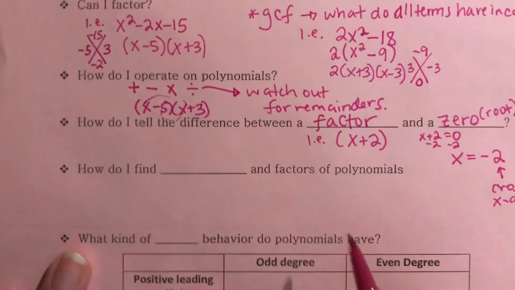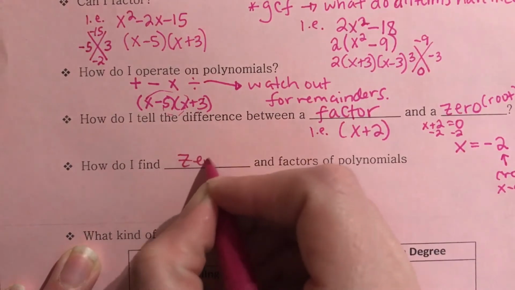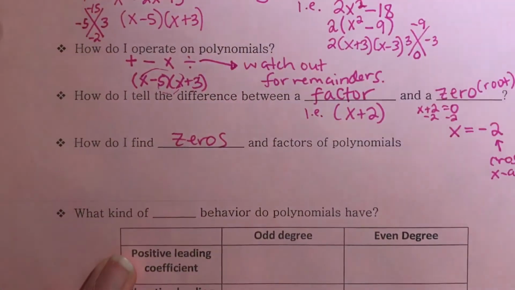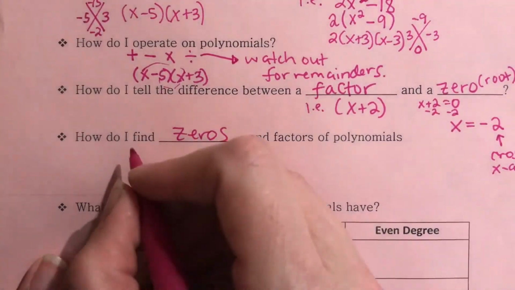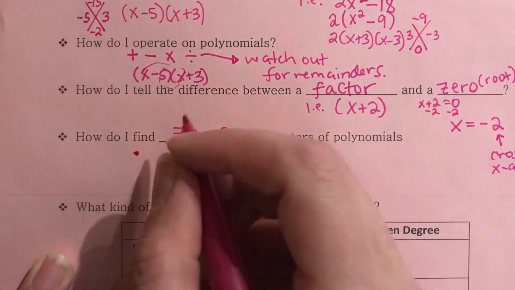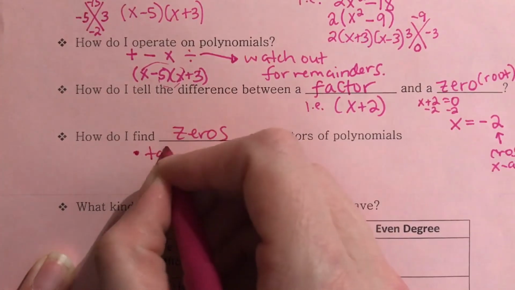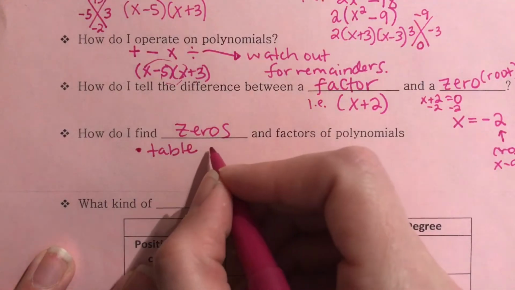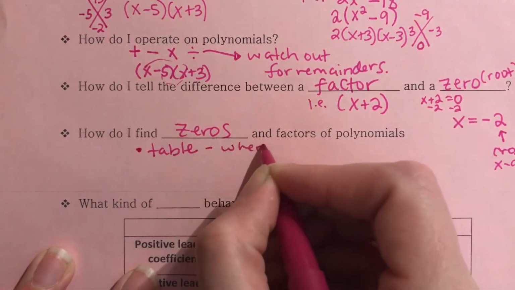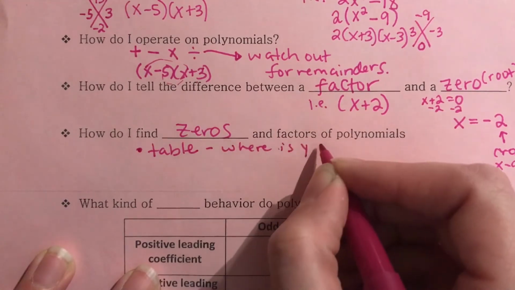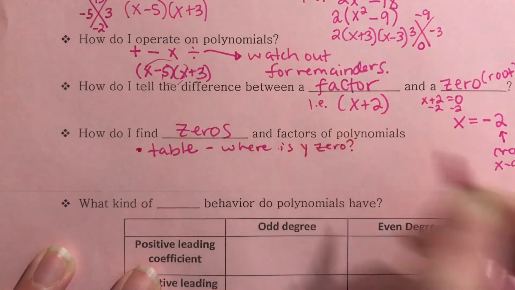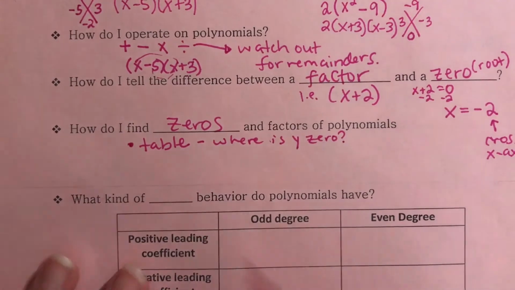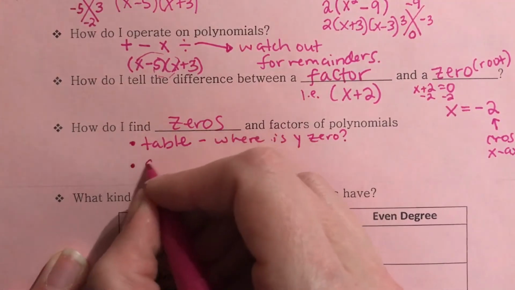How do I actually find those zeros and factors of polynomials? We had a few ways that we did that. One way was from a table. So we looked and saw, where is the y equal to 0? And those gave us the roots. Another way was graphing.